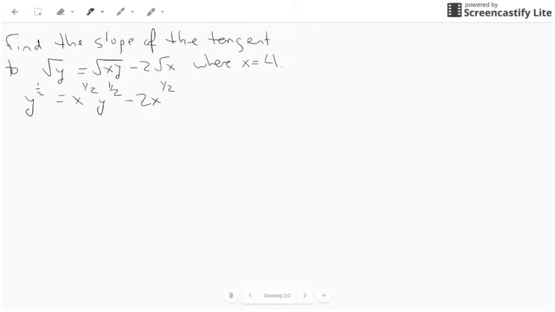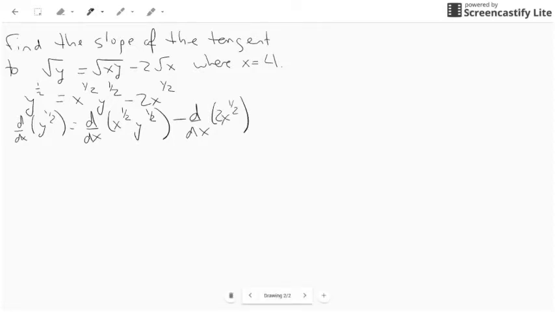So I'm going to take d by dx of y to the 1/2, which is going to equal d by dx of x to the 1/2 y to the 1/2, minus d by dx of 2x to the 1/2.